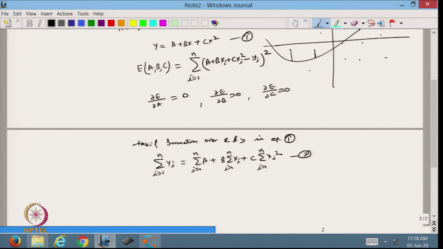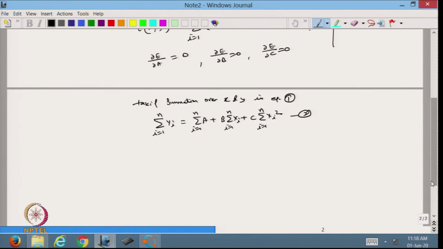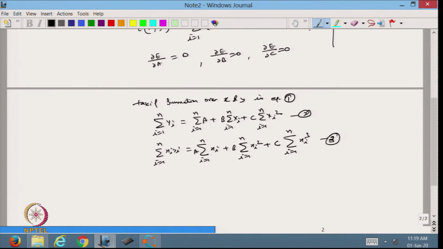So this is my first normal equation. Then I multiply by xi. The second one I can write as summation xi yi equal to A summation xi plus B summation xi square plus C summation xi cube, from i equal to 1 to n. This I can call equation number 3.